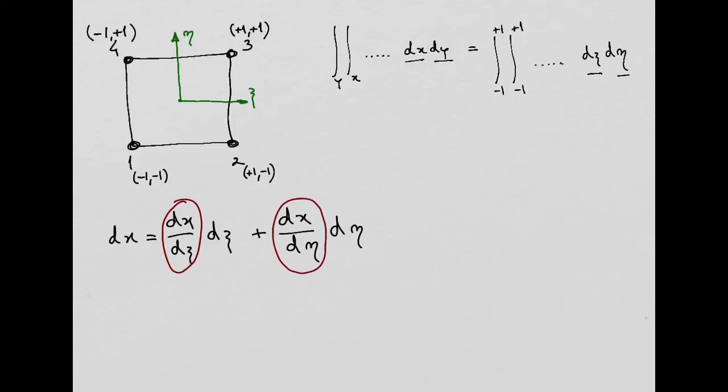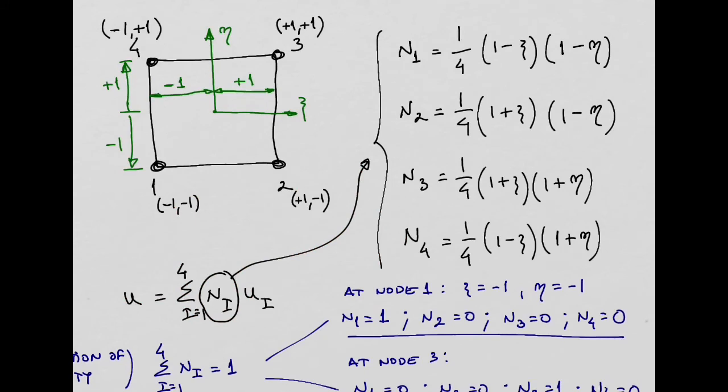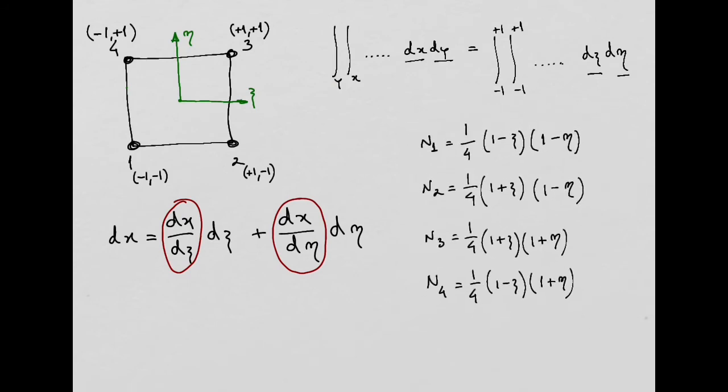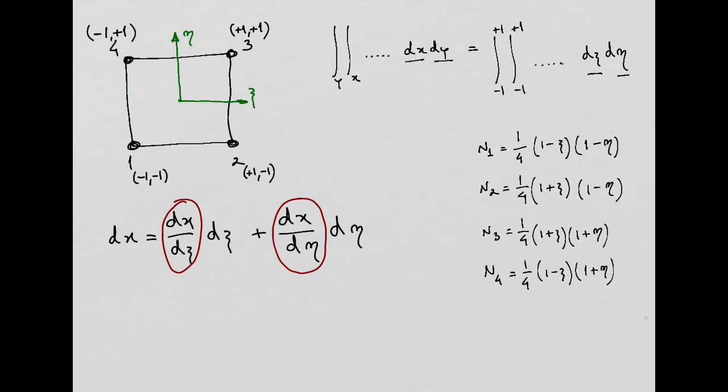If you just look, maybe I can copy these shape functions to the next page to make it easier for us. Put it here and scale them down. Okay, something like this.